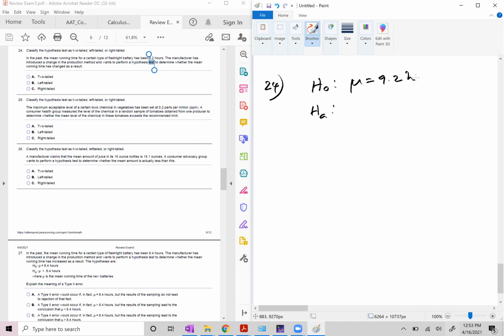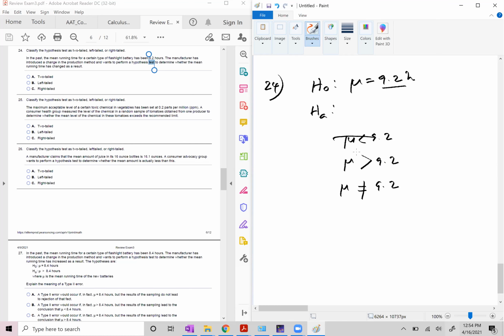He has introduced a new production method, and now he wants to check whether the mean battery life has changed from this 9.2. He's not interested in checking whether the mean time is less than this. He's not interested in checking whether the mean time has increased from 9.2, but he's interested in whether after introducing his method, it has changed from 9.2.